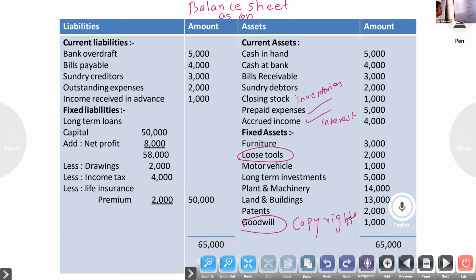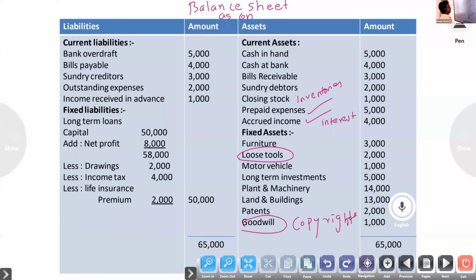Goodwill is an intangible asset. If the firm is getting super profit, then we will assume we are getting this much amount of profit. Why are we showing goodwill in the balance sheet? If it is shown, it will attract the public to purchase the shares of a particular company. But it has no value.